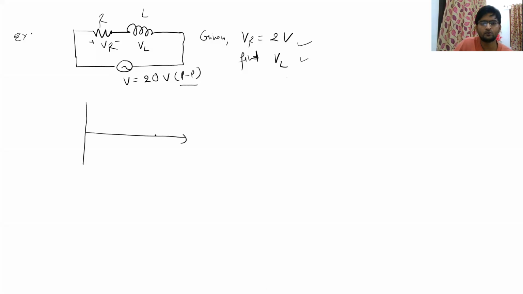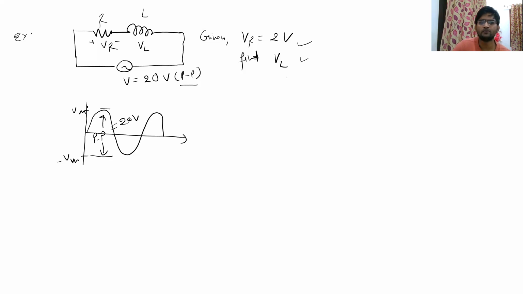Since this input source voltage is an AC voltage, it is going to be like this, and 20 volt peak to peak means from this Vm to minus Vm, this whole voltage is called peak to peak voltage. So this whole thing is given as 20 volt.